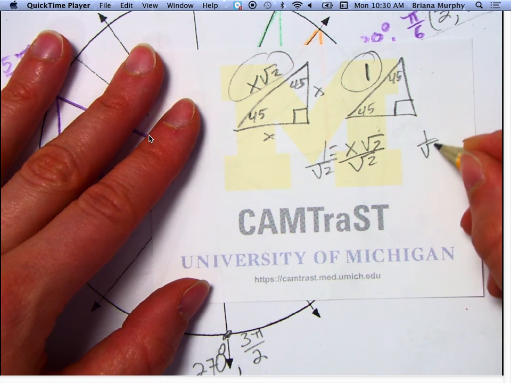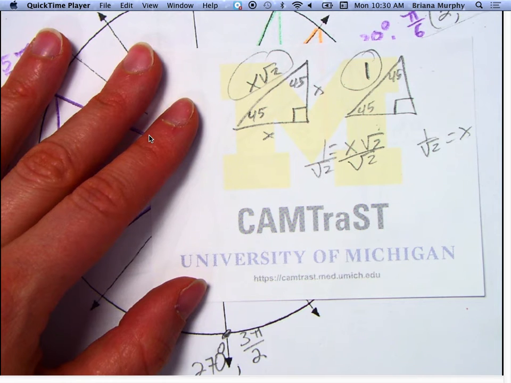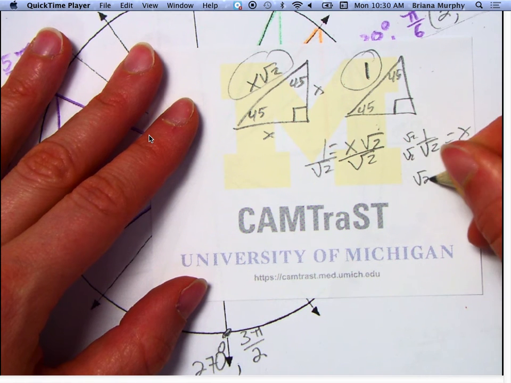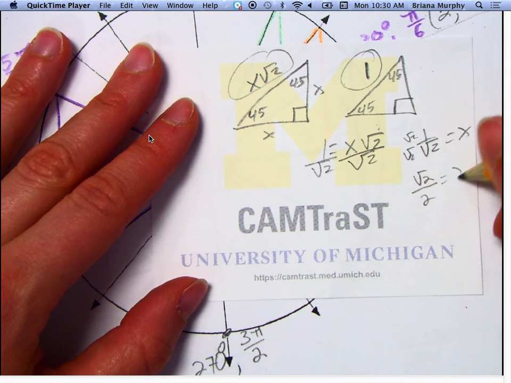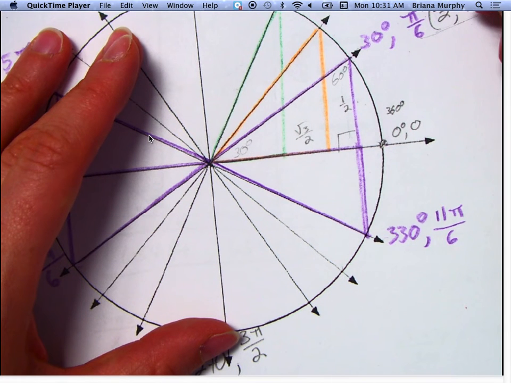1 over square root 2 equals x. Can I have a square root on the bottom? No. So I multiply the top and bottom by square root 2, and I get square root 2 over 2, since 2 times 2 is square root of 4, which is 2. So for 45, I get square root 2 over 2, comma, square root 2 over 2.